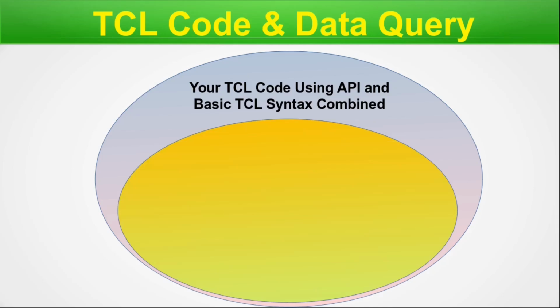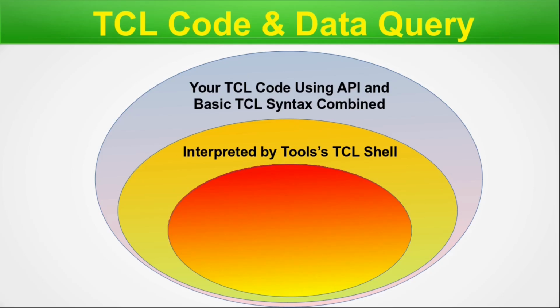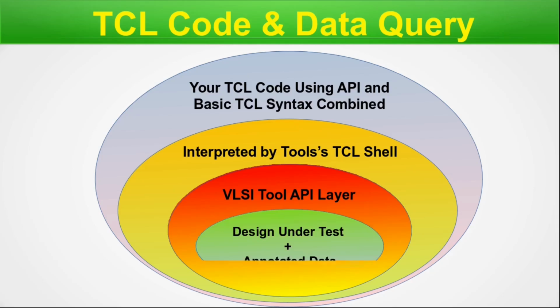The next layer is that your code is interpreted by the tool's TCL shell when you source it. Then it passes through the VLSI tool's API layer. It's a software concept, so for now understand this much. So it passes through the tool's API layer and reaches the design under test plus annotated data, the live design. So these are the layers through which your TCL code penetrates.